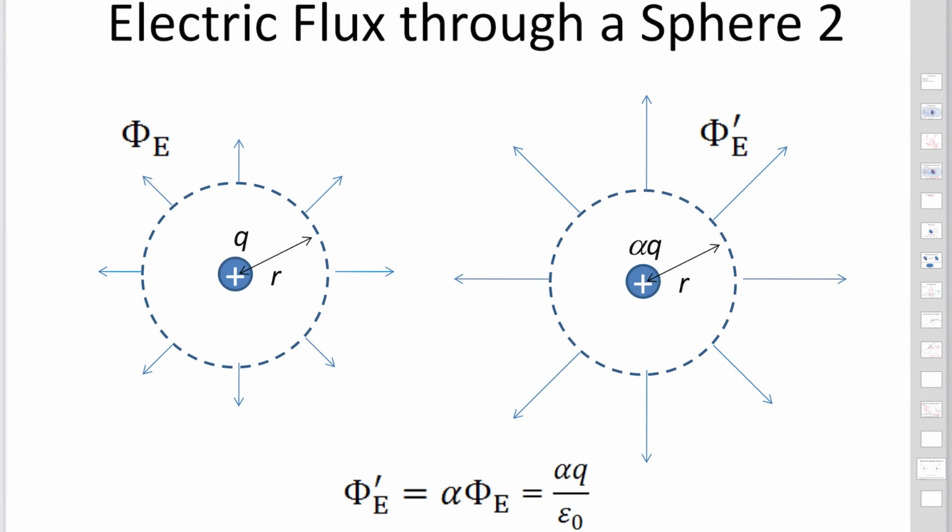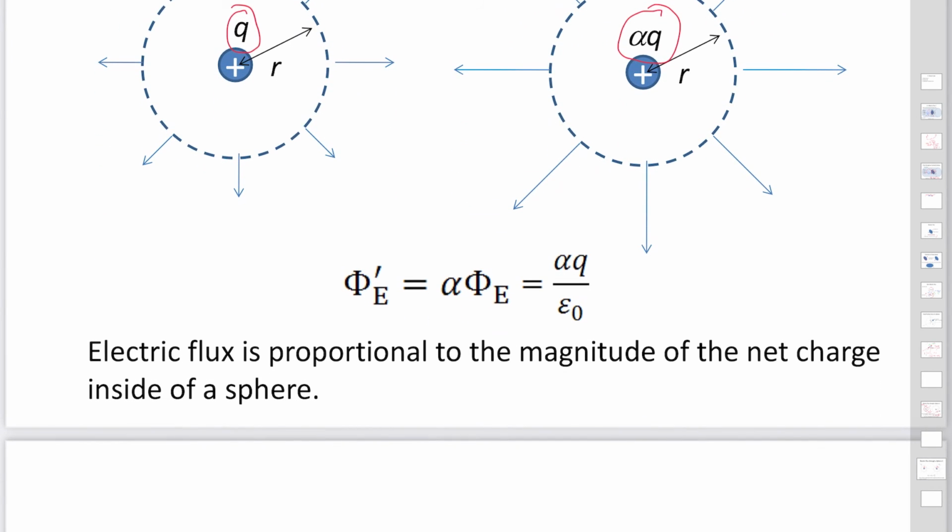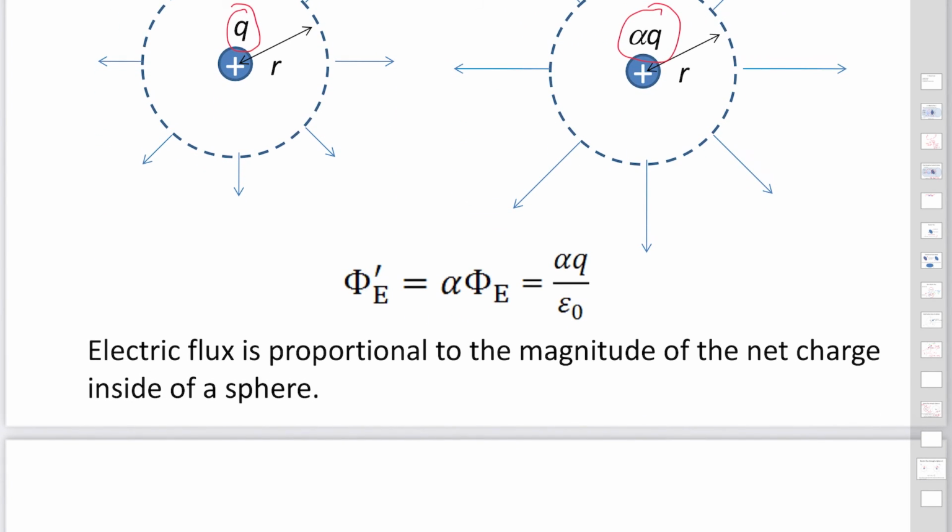Then we'd like to consider a different charge located at the origin. In one case, we consider the charge Q. In the other case, we consider the charge alpha Q. Then we calculate the electric flux. In this case, capital phi sub E becomes Q over epsilon naught.